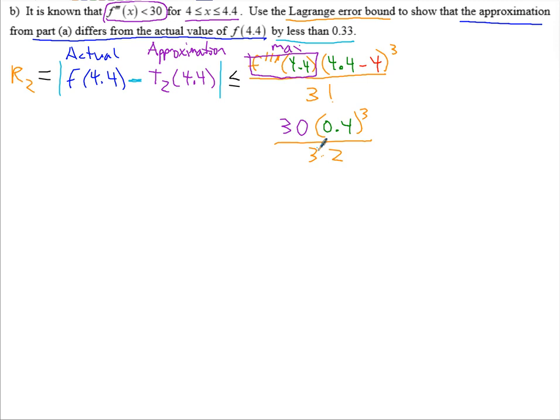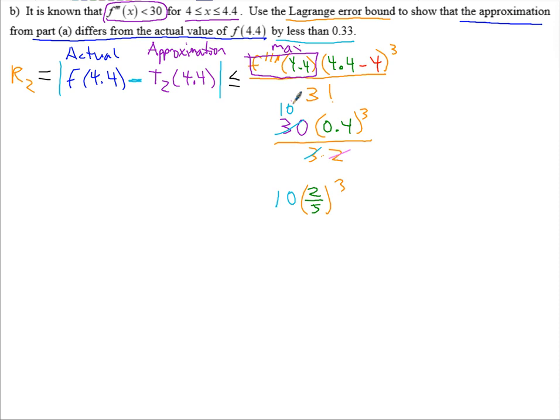And again, let's write that 0.4 as a fraction. It'll be a little easier to simplify. So we've got 10, and then that's 2 fifths. 4 tenths reduces to 2 fifths cubed. Oh, actually, you can reduce it further, huh? The 2 goes into the 10 5 times.